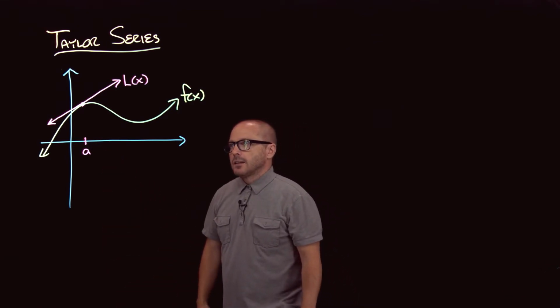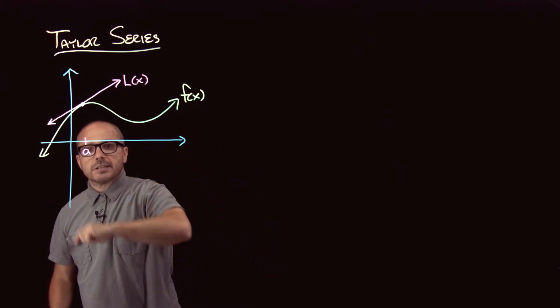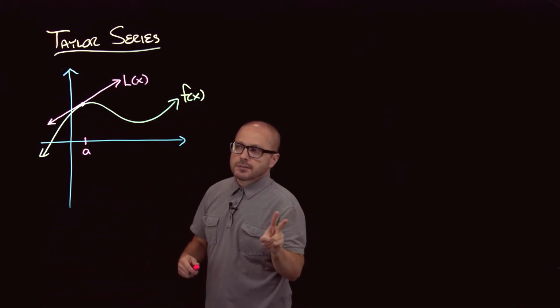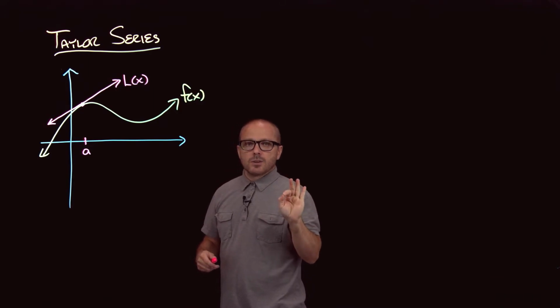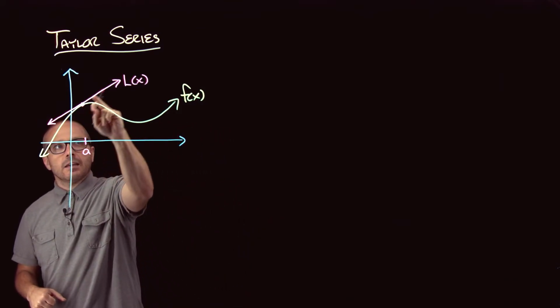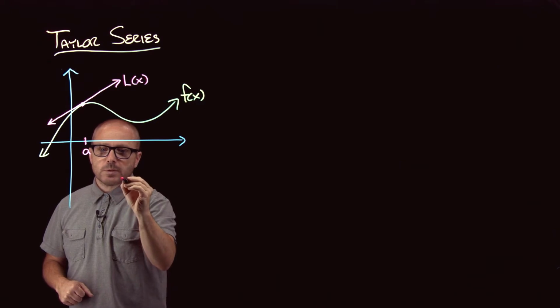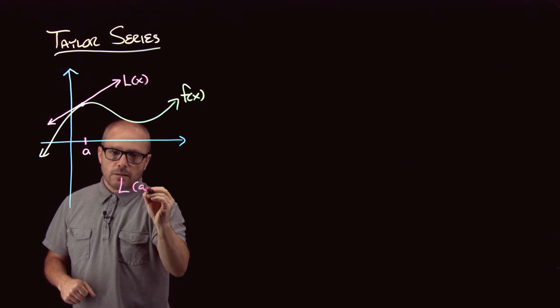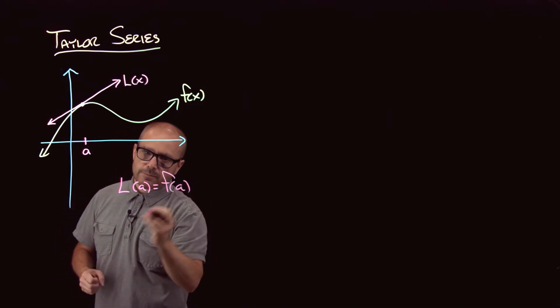And then this tangent line, or linearization, had two key properties. It was supposed to intersect with our function at that point. So at A, the linearization and the function are equal. So first of all, L at A equals F at A, right?